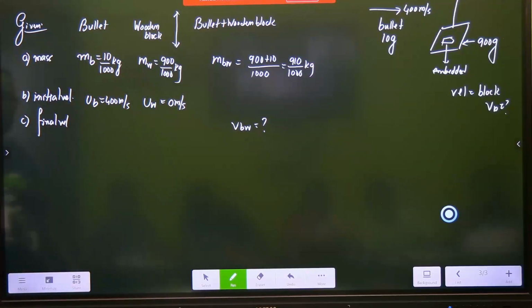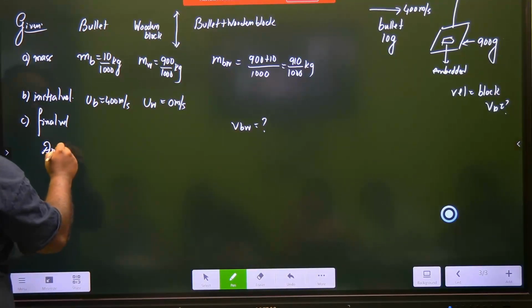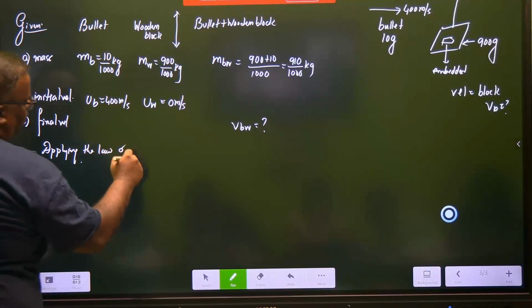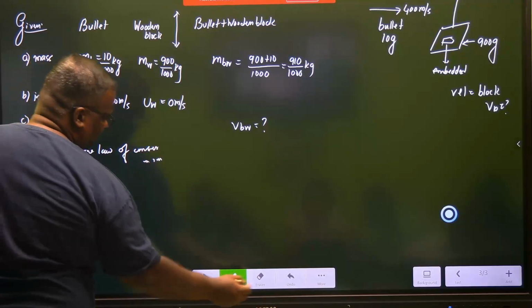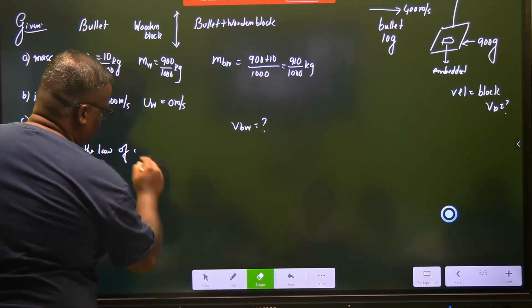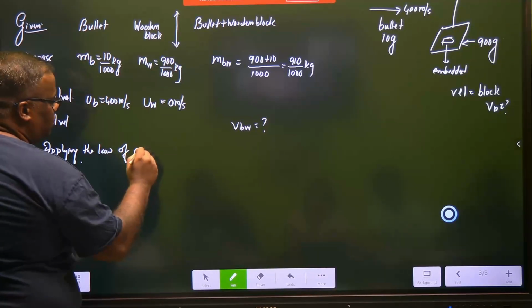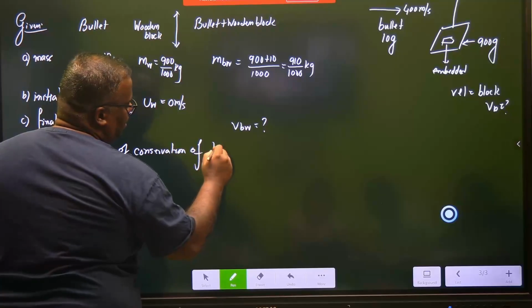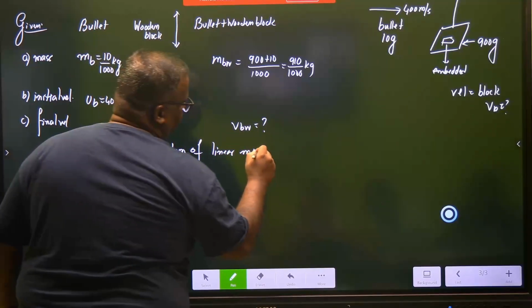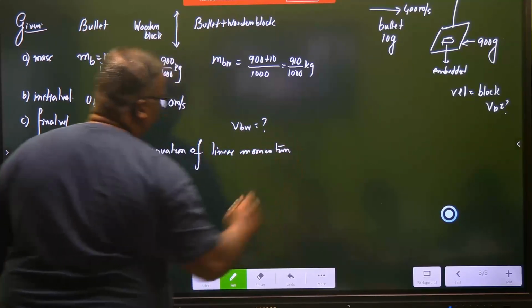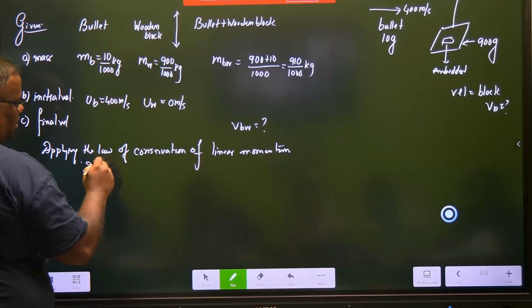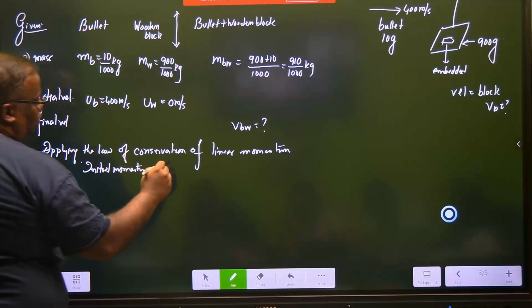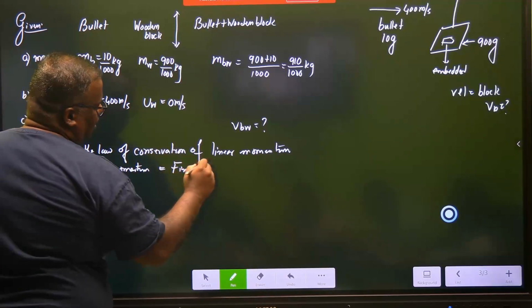Shall we now apply the law of conservation of linear momentum? So it says initial momentum should always be equal to final momentum.